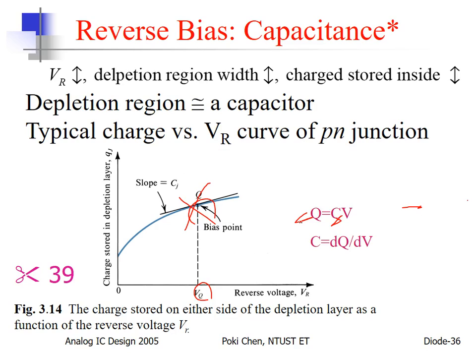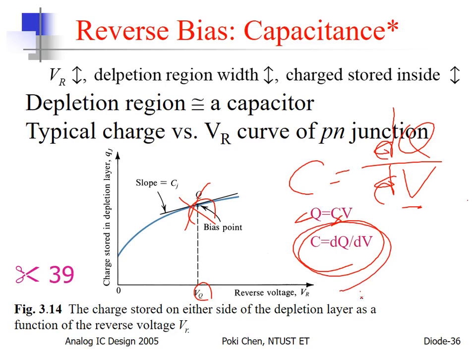So the equivalent capacitance becomes delta Q over delta V. But you can make the delta very small, small signal. So for a very small difference, it becomes a differential conversion. This is how we estimate such kind of equivalent capacitance.